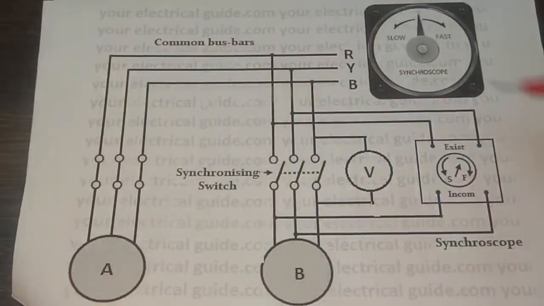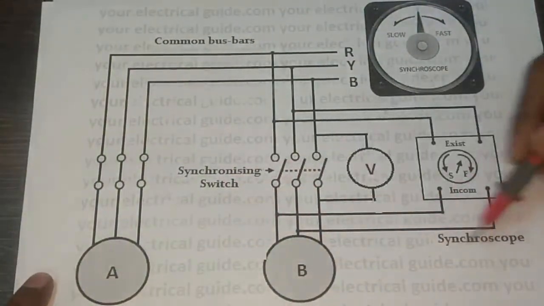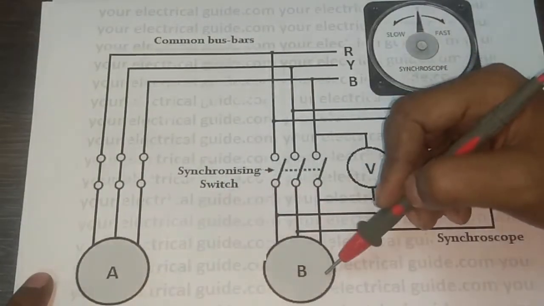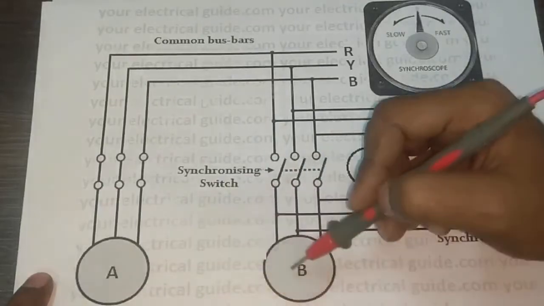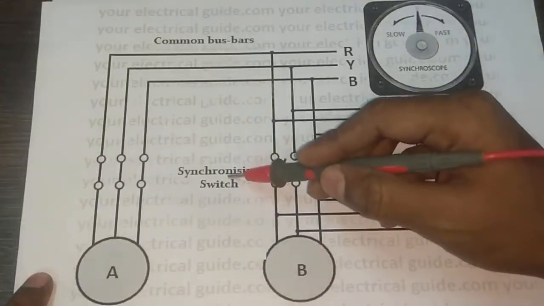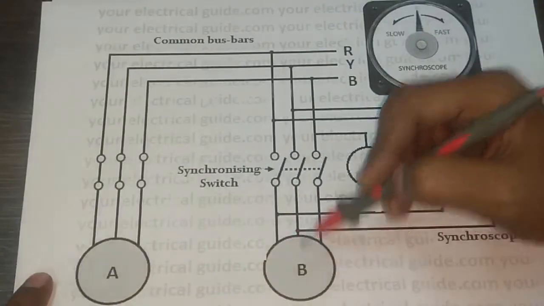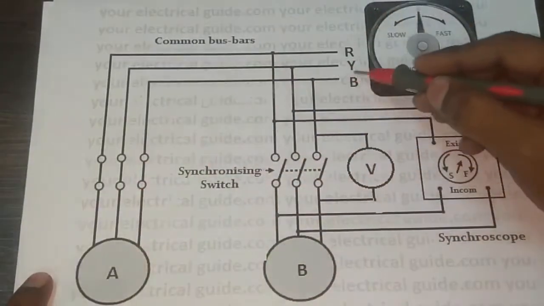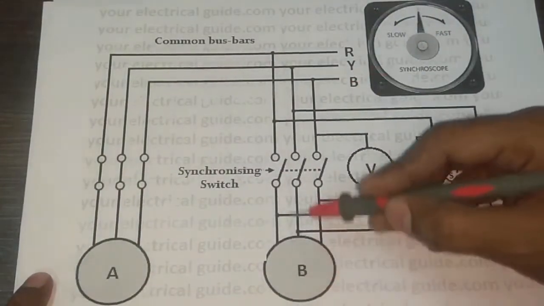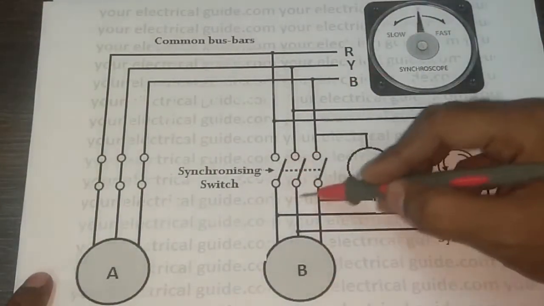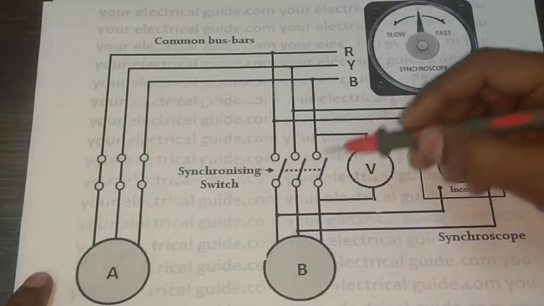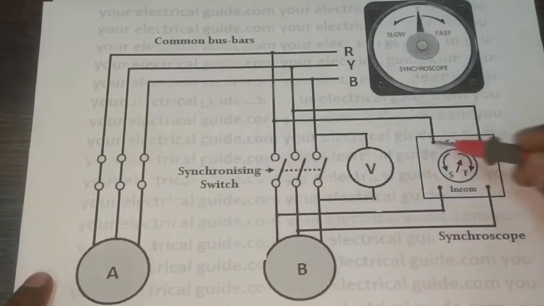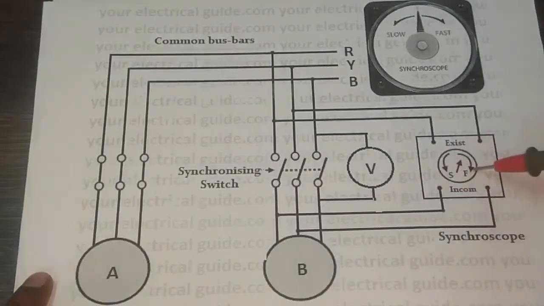This is the circuit diagram for the synchronoscope method. In this, alternator A and alternator B are connected in parallel. We are synchronizing these two alternators with the help of this synchronizing switch. The output of alternator A and the output of alternator B is given to the synchronizing switch. And across this synchronizing switch, synchronoscope is connected.